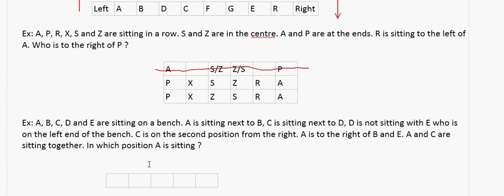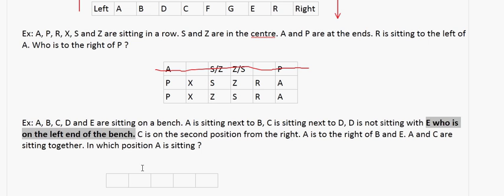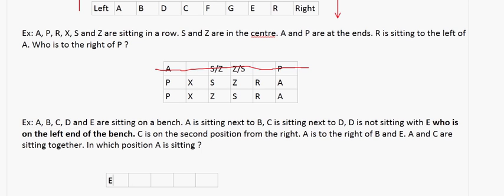Further it says D is not sitting with E, who is on the left end of the bench, right? So this statement is the most important here, that E is at the left end of the bench, right? Because with this we fix where E is. With the previous statements we are unable to fix where A and B are.